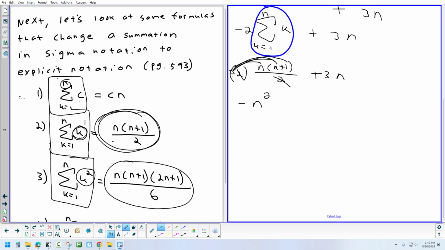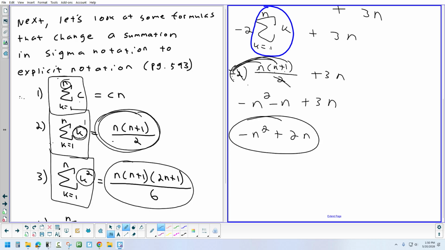So that's negative n squared and negative n times 1. Any question on how I distributed that? Both the negative and the n have to get distributed. And what would I get for a final answer? Negative n squared plus 2n.